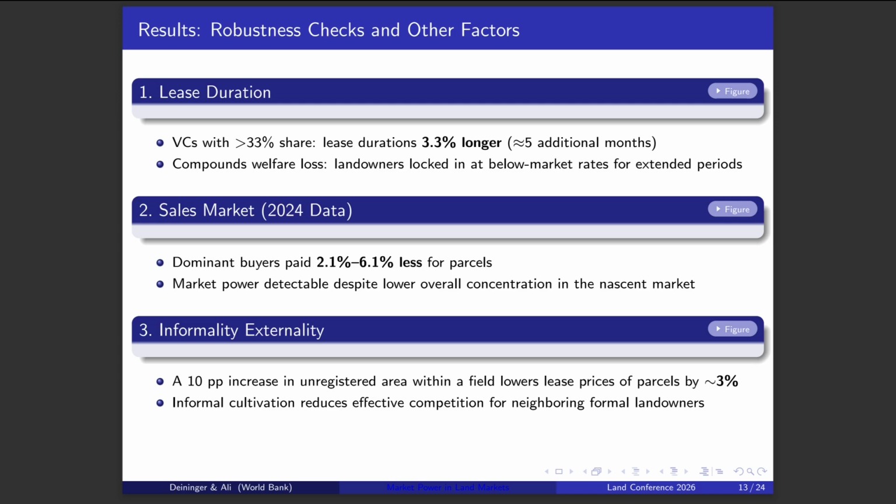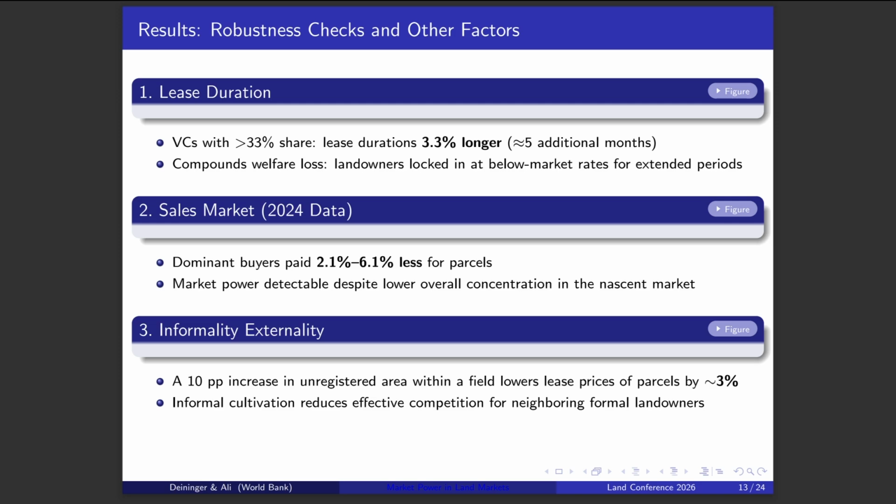Landholders are pretty much locked in at below-market rates for extended periods. I would have shown you the figures, but moving between these two is a little time-consuming. I can show it later if there is time.